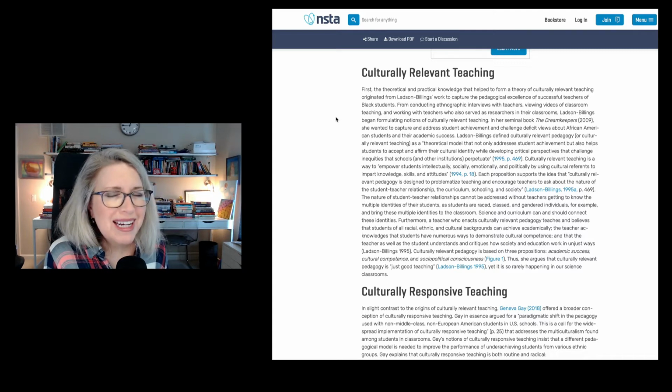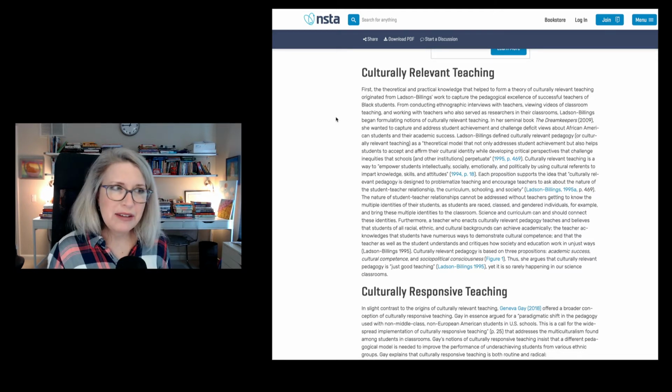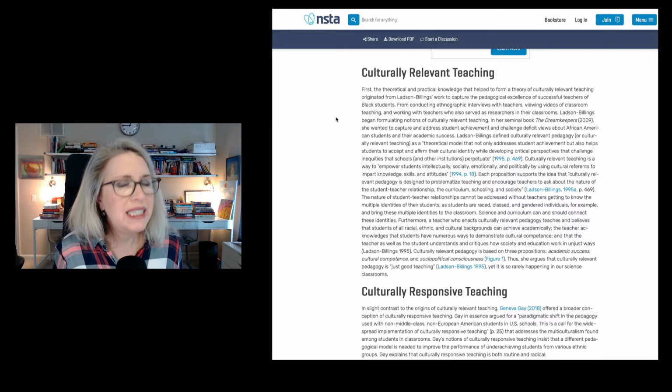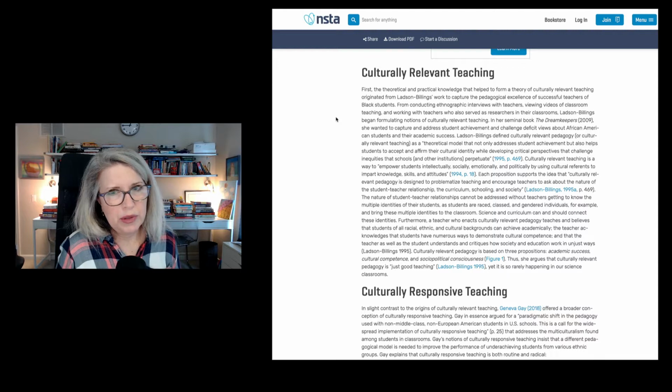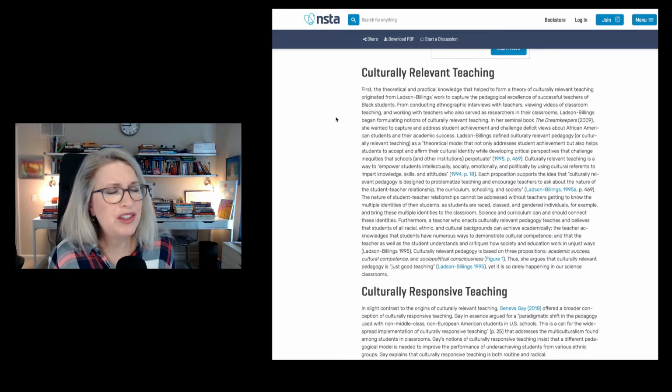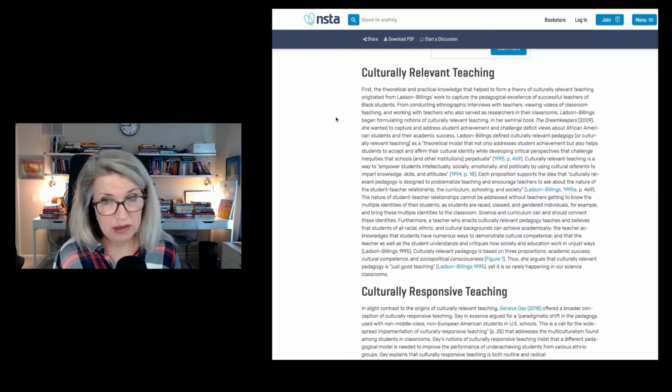But even so, it sounds like they're saying accept and affirm their cultural identity as if they all have one, and as if it's different than whatever the cultural identity is of most of the people in the classroom or the people who produce the material you're going to teach. There's a lot of assumption going on in there, and you've got to first accept and affirm it. Again, the implication is that they feel like they're not accepted and affirmed, that there's something negative going on right away. I don't necessarily think that's true.